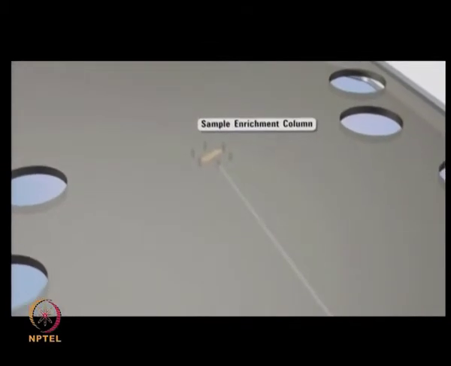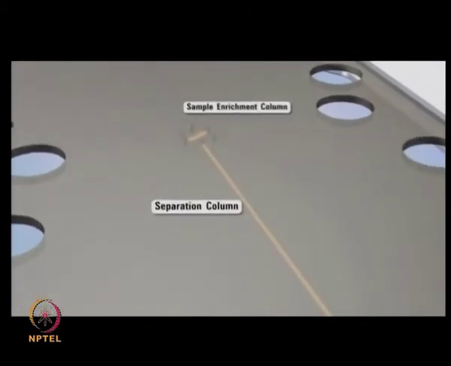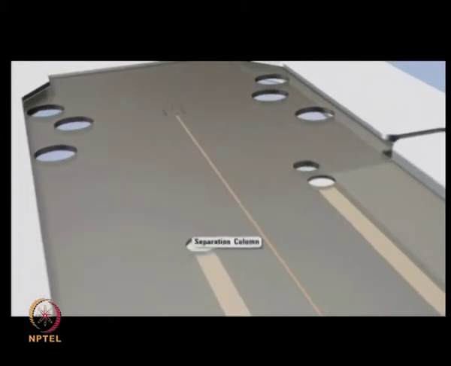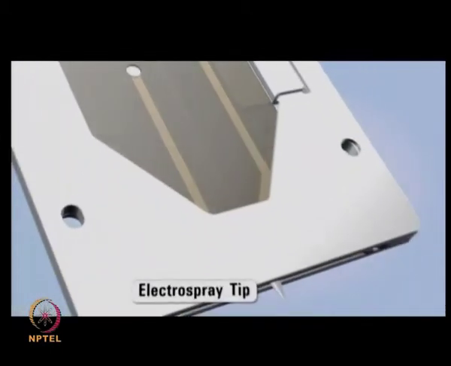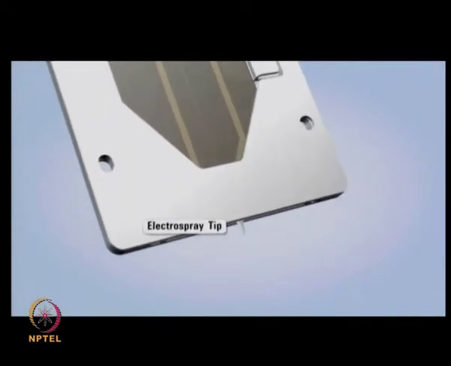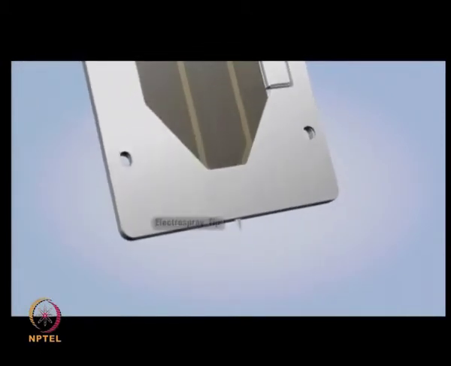A closer look at the HPLC chip reveals that sample enrichment and separation columns of a nanoflow LC system are integrated with intricate connections and nano-electrospray tip for compound ionization in mass spectrometry.